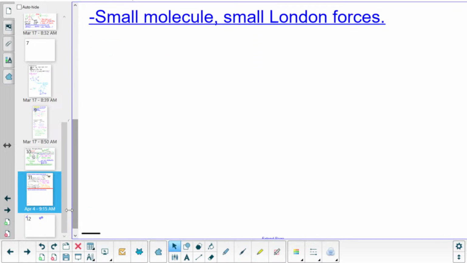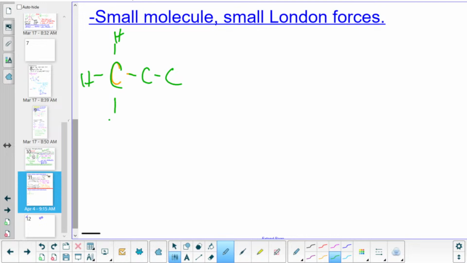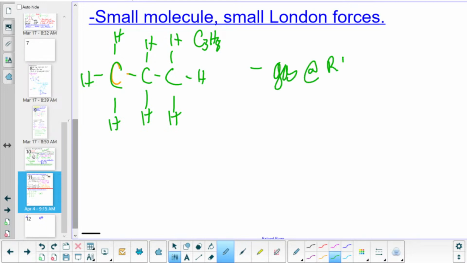Small molecule, small London forces. I won't draw it out twice, but I'll give you a small molecule. How many people know what this is? It's a very good summer molecule. 3 carbons, 8 hydrogens, C3H8. It's a gas at RTP.